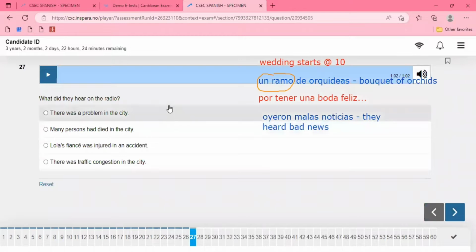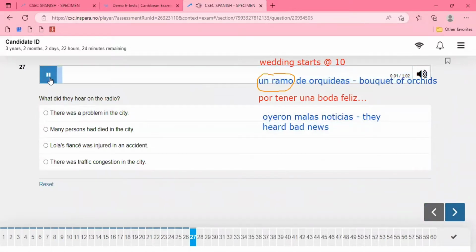So now we're listening to part B. Parte B. Ha ocurrido un accidente en el centro de la ciudad, en el cual 3 personas han resultado heridas, y Enrique, el novio de Lola, era una de esas personas. Lola, al escuchar la noticia, perdió el conocimiento y cayó al suelo. Todos estaban confundidos y no sabían qué hacer.